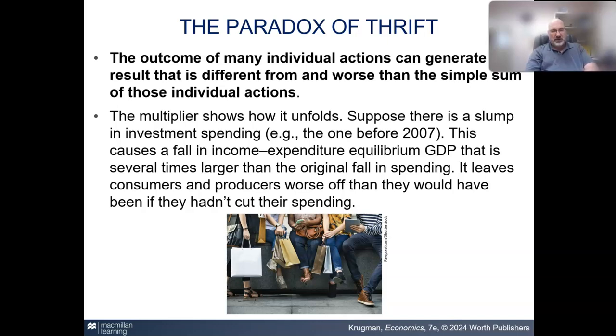And if consumption went down, firms didn't sell as much. If they didn't sell as much in year one, in year two they're just going to lay people off. When they lay people off, income falls.